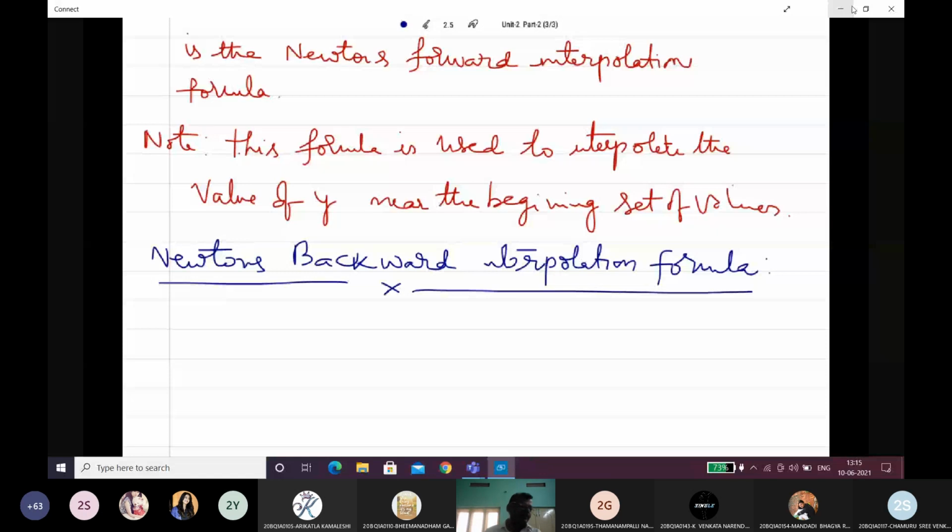As usual, let y is equal to f of x be the function.